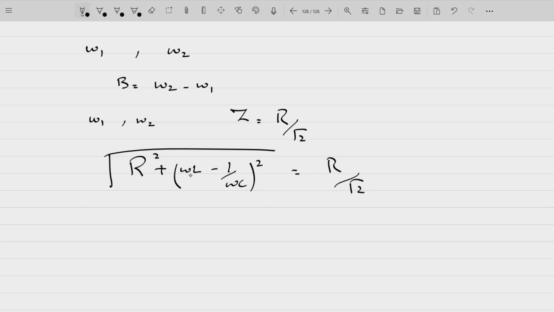So this particular value of omega that you will find from here will be actually nothing but omega 1. So if you solve this, you'll get omega 1 equal to minus R divided by 2L.